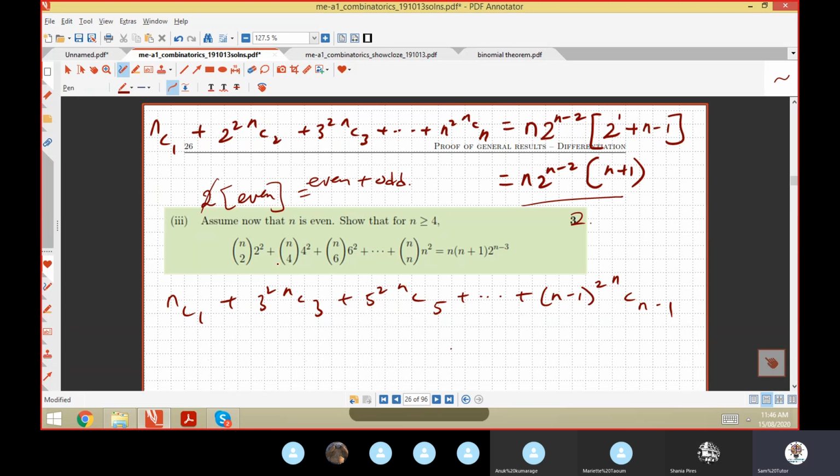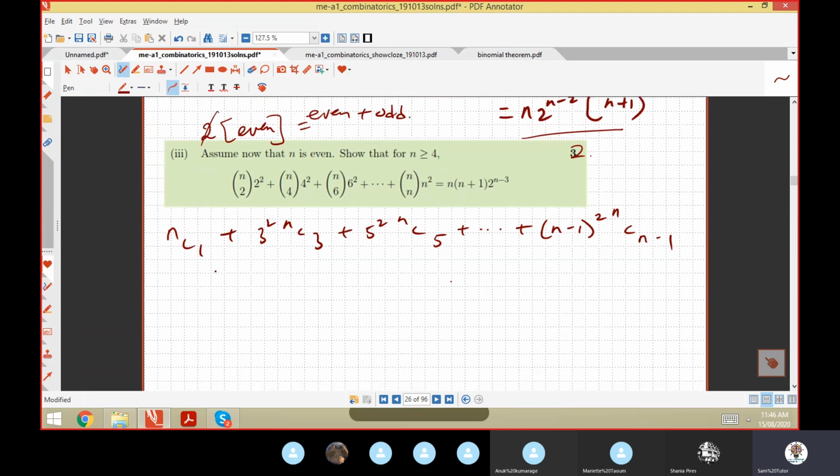If n is even, is that true? N is even. If n is even, alright, let's see. 1 plus x squared. 1 plus 2x plus x squared.